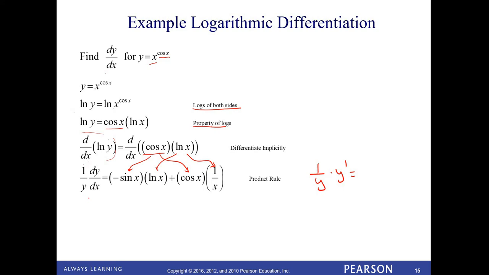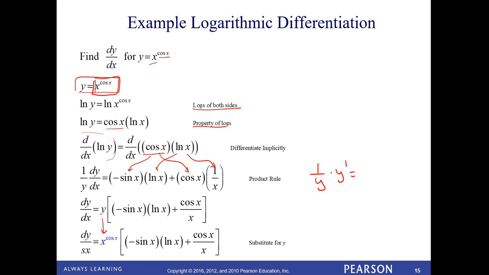Now, the next thing I want to do is solve for dy dx. So I'm going to multiply both sides by y. And then in order to get this back in terms of x, I'm going to substitute. Remember at the very beginning we knew that y equaled x cos x, so I can put that in right here. Substituting back in, this is my derivative.